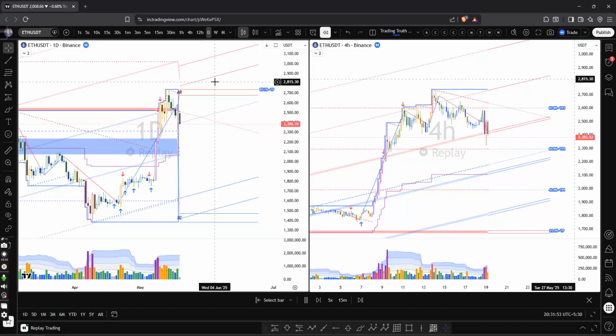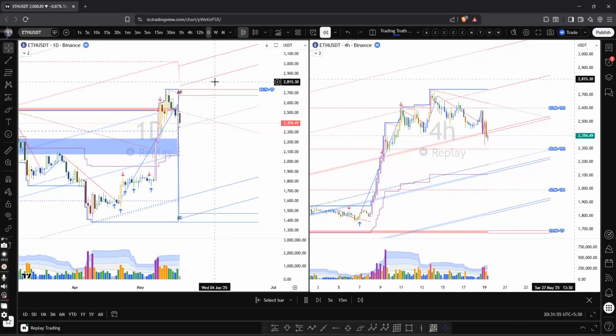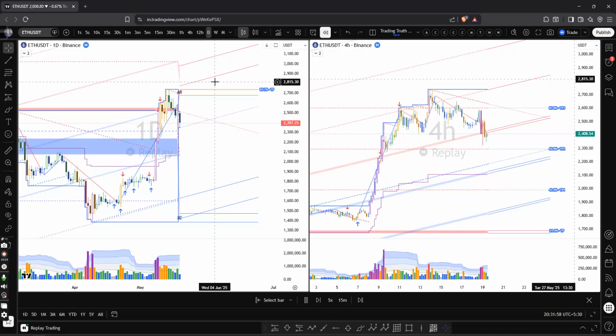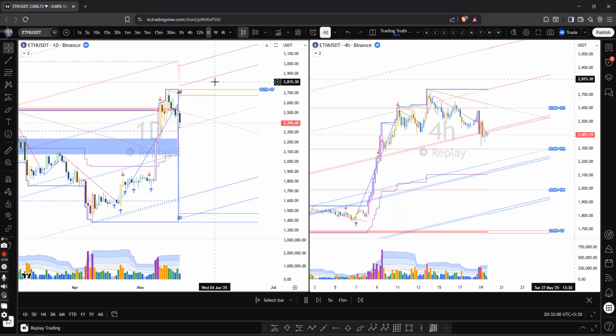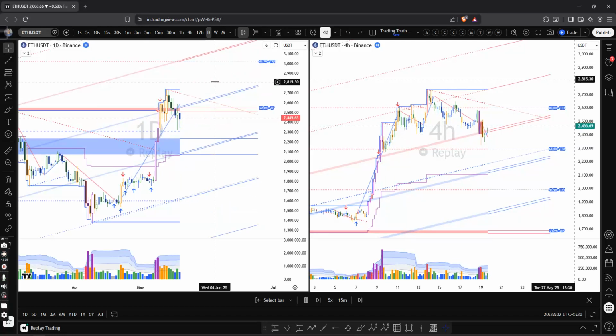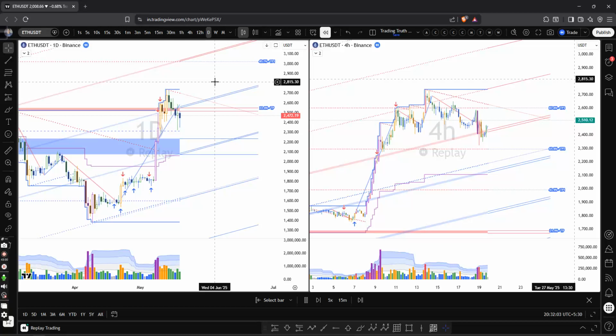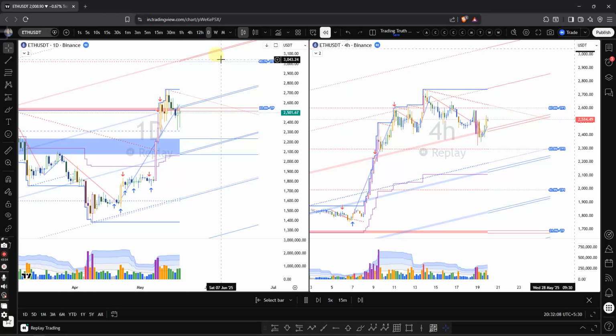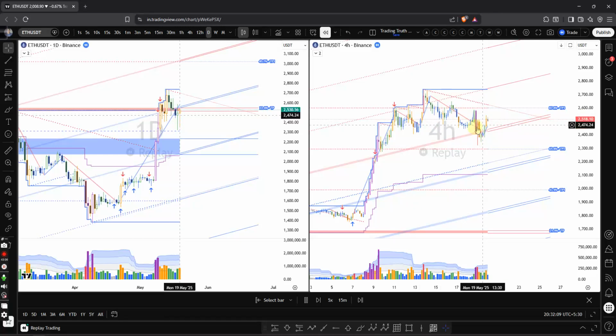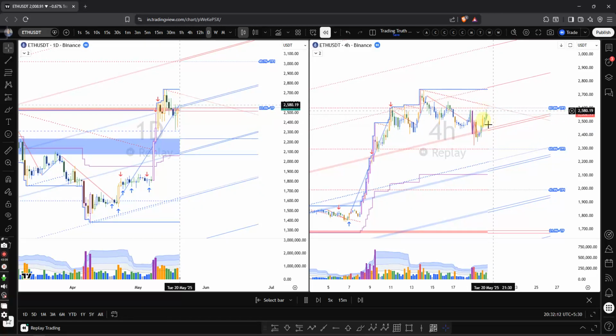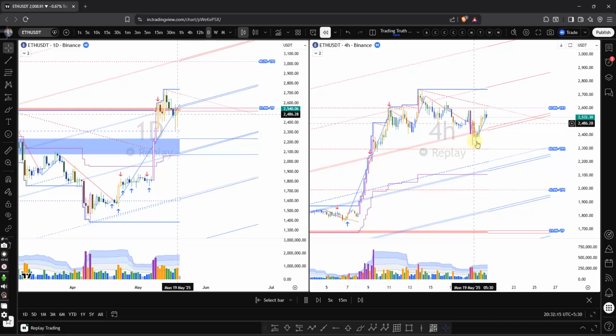Now the new structure gets formed on higher time frame and lower time frame. You can see that it tried to stop there, but still trying there. It did make a second successful attempt. The first one failed, the second one didn't fail, because if you had entered it, your stop loss would be here.